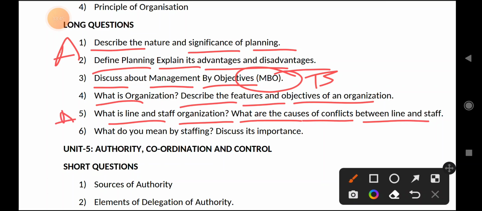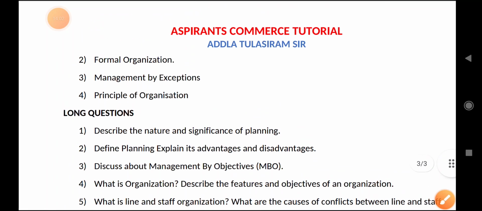So put this also in A category. This will be B. And what do you mean by staffing, discuss its importance. This is a B category question. So from exam point of view, I gave only 6 questions from unit 4.